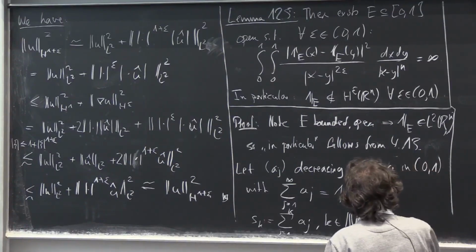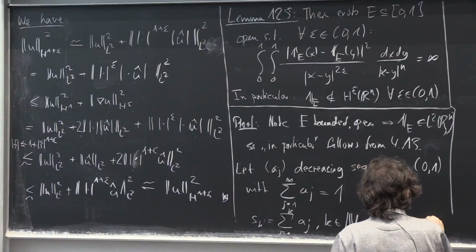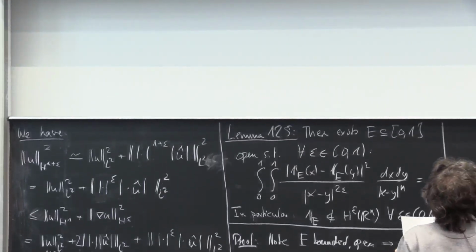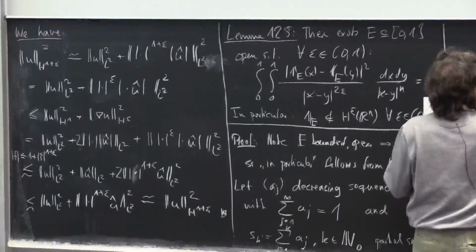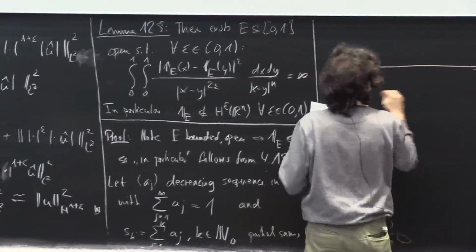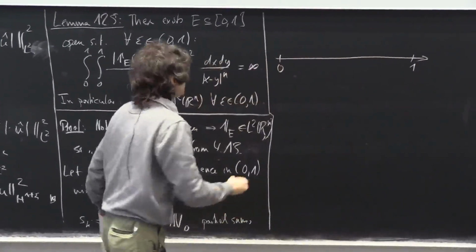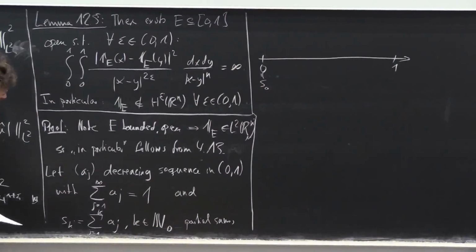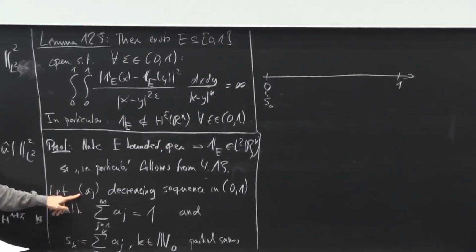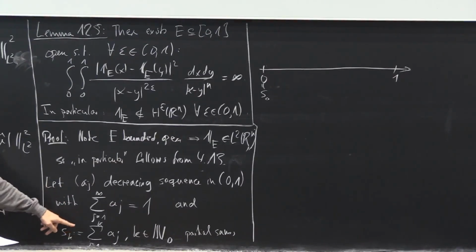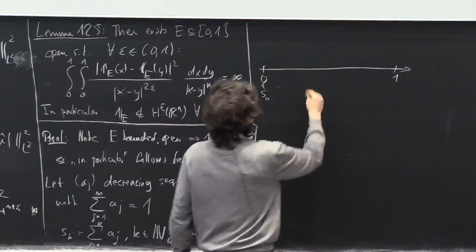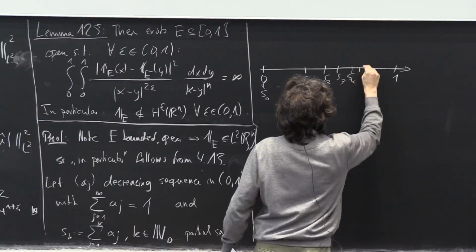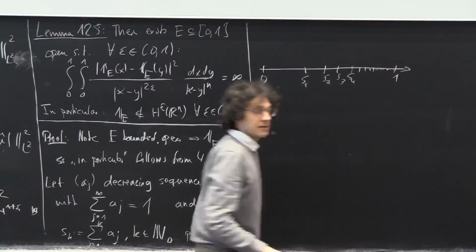So these are the partial sums of our series, and using these partial sums, I can just write down E. So what we will do, here is 0, there is 1. So 0 is s_0. And then a_j is a sequence of positive numbers, so the partial sums are increasing. They are increasing to 1. So here is the first partial sum, the second partial sum, s_3, s_4, s_5, s_6, and so on. These are the partial sums.